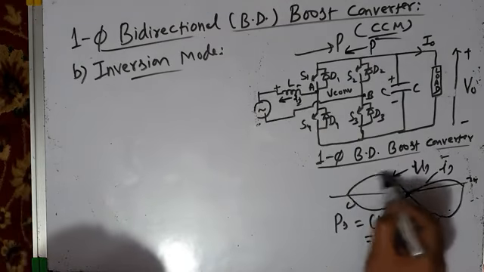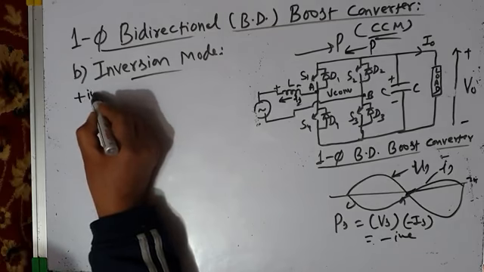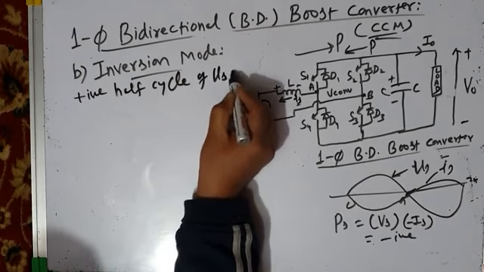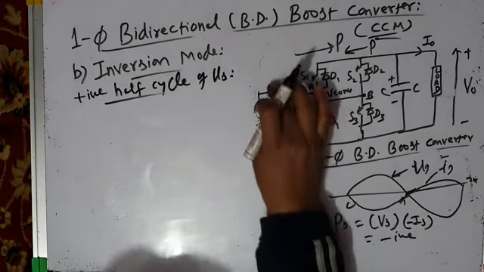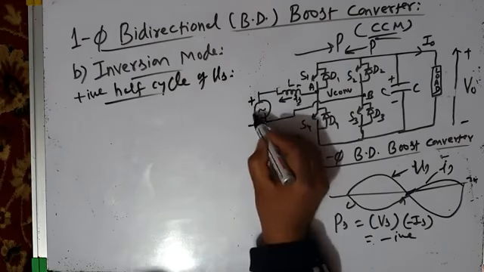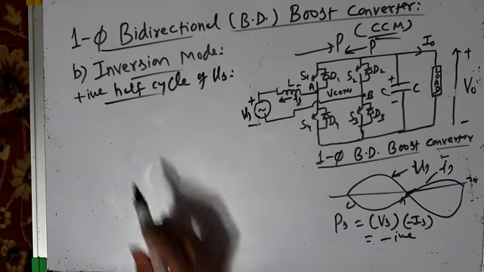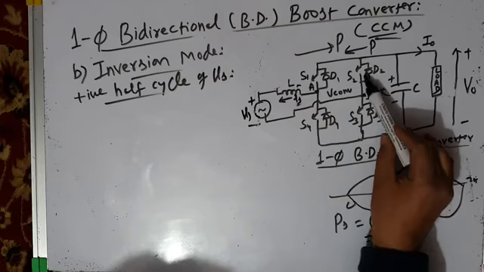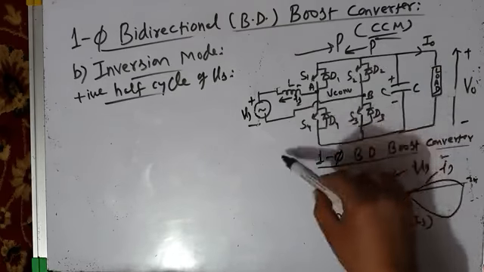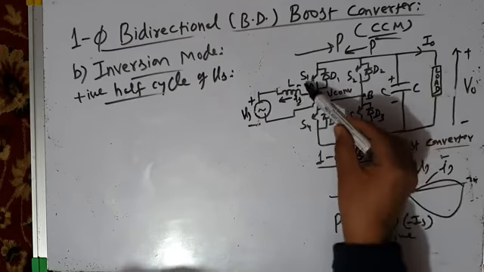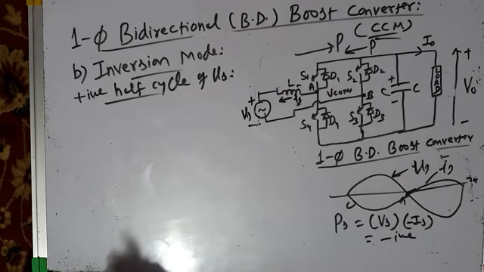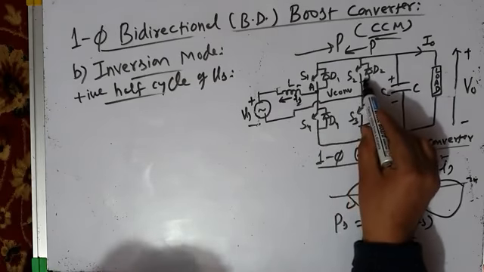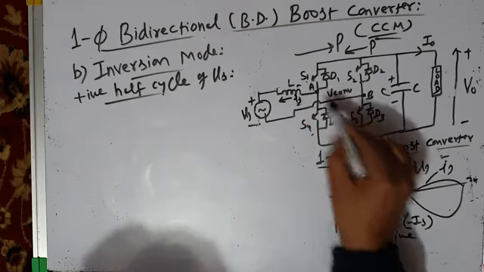इसमें भी हम पहले पॉजिटिव हाफ साइकिल सोर्स वोल्टेज का लेंगे. First of all, take positive half cycle of source voltage Vs. When we have positive half cycle of source voltage, plus minus like this, your hysteresis current controller, in rectification mode, में वो positive half cycle में S2 S4 को on करता था, फिर off, then again on, then off. पॉजिटिव हाफ साइकिल में. नेगेटिव हाफ साइकिल में इस पेयर को ऑन ऑफ करता था. लेकिन इन्वर्शन मोड ऑफ ऑपरेशन में इट इज जस्ट रिवर्स. इन्वर्शन मोड ऑफ ऑपरेशन में it will not turn on and off S2 S4, it will turn on and off S1 S3.